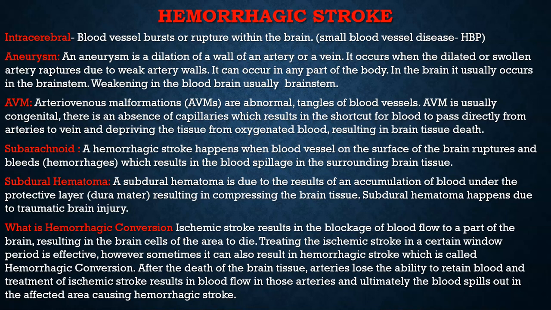Now those arteries didn't receive blood, the tissue was dead, it didn't get oxygen because of the blood clot before. Now those arteries are not able to retain the blood in them, which will result in spilling the blood out. As we know, hemorrhagic stroke is the spill of the blood. So that results in hemorrhagic stroke or hemorrhagic conversion.